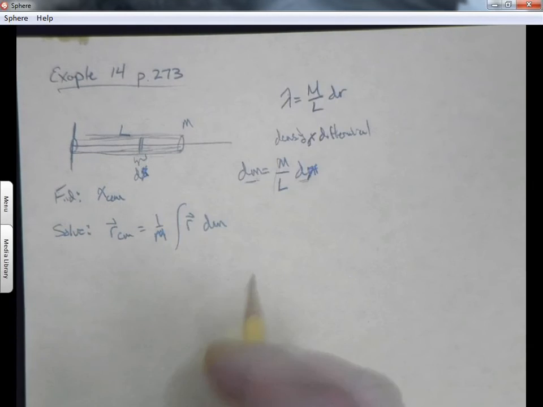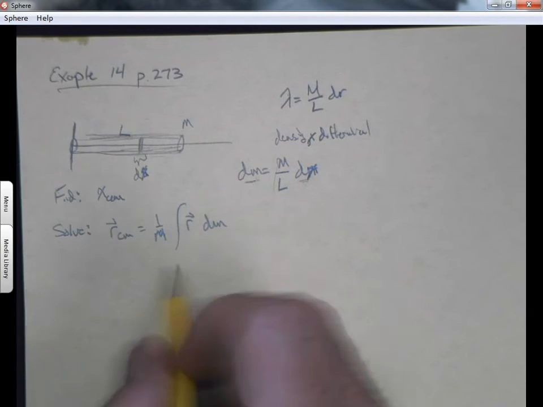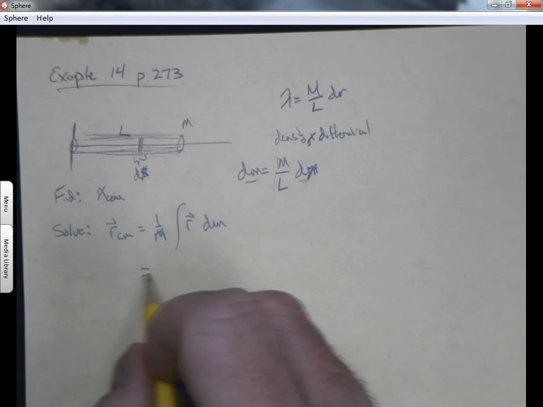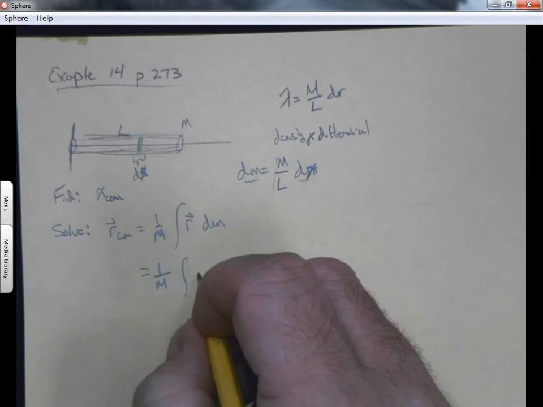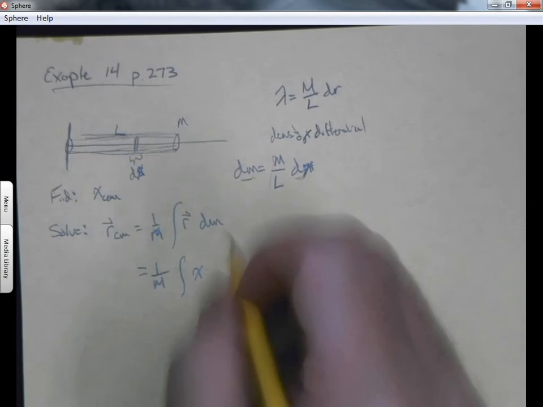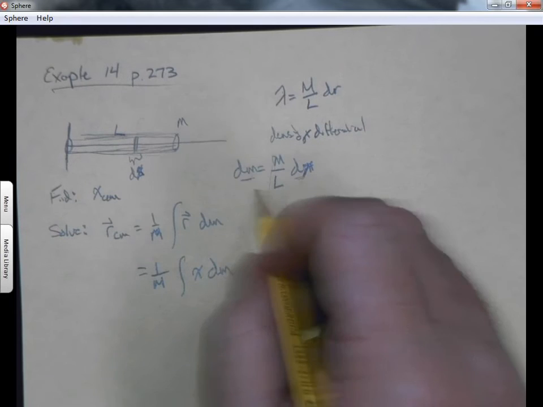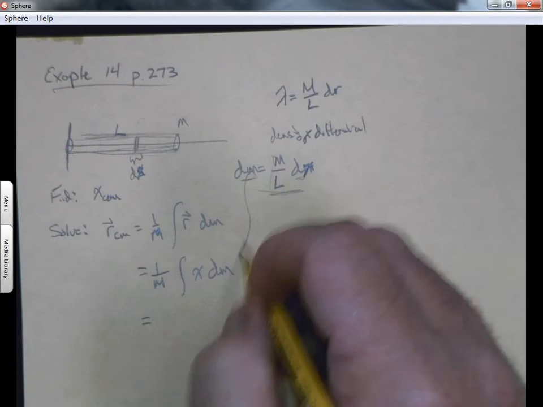So we come down here. Then we know that 1 over total M times x times dm. But what did dm become? dm is M over L dx.